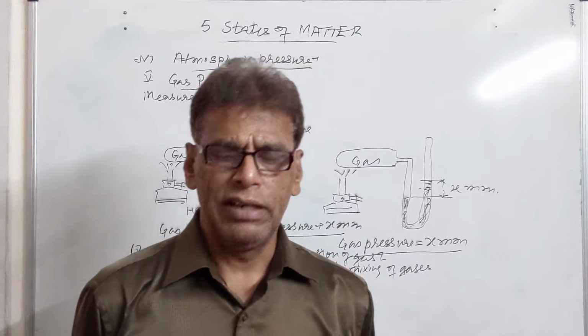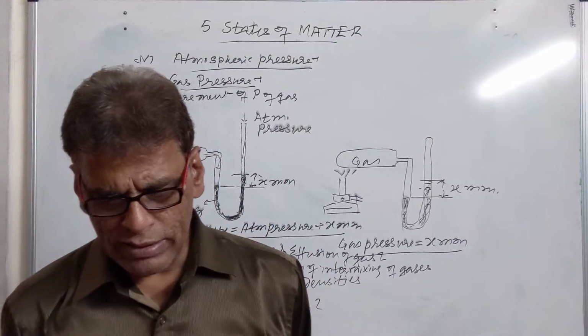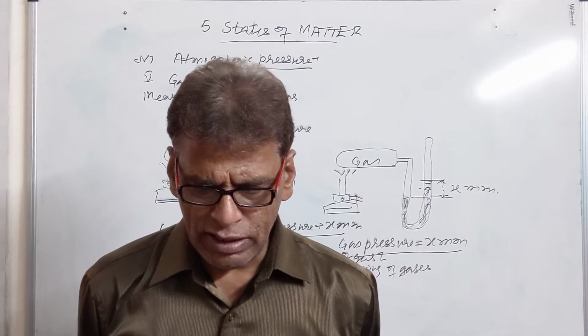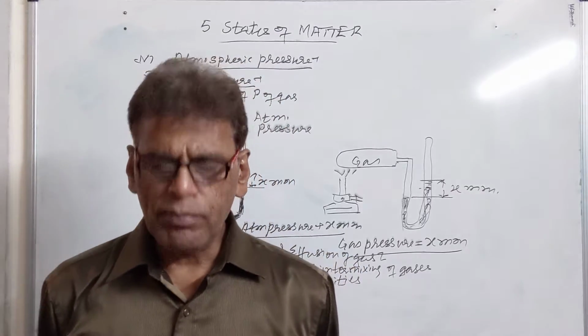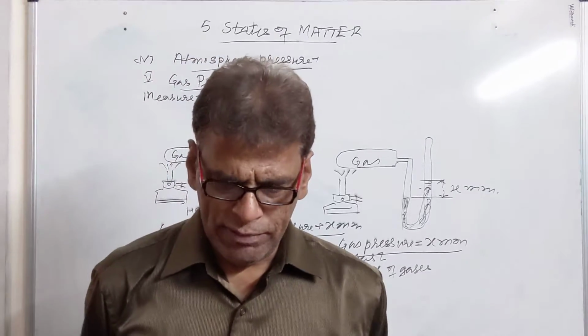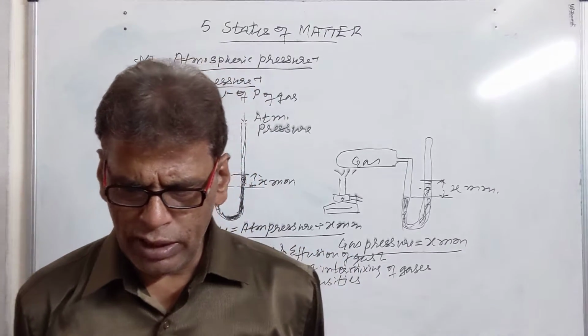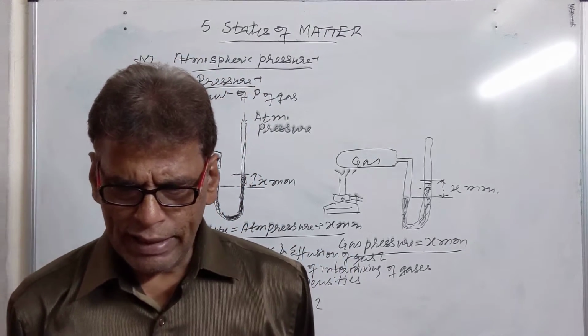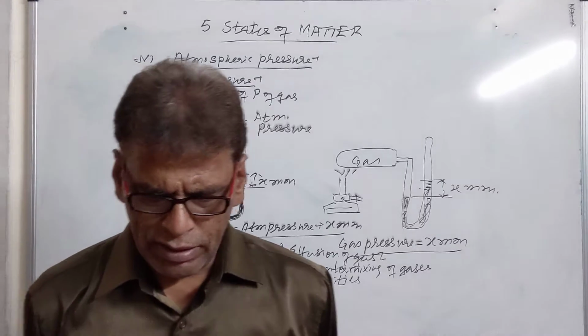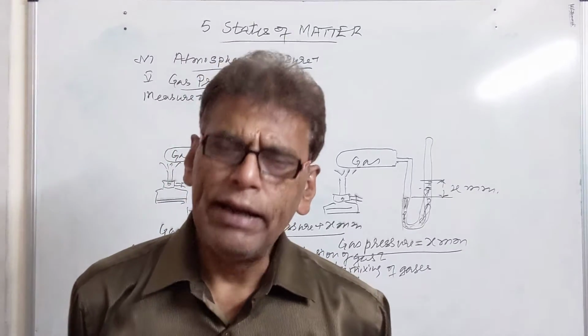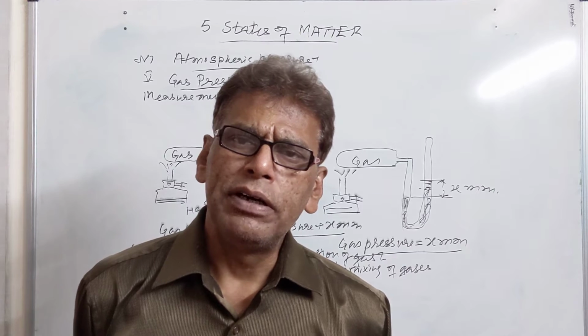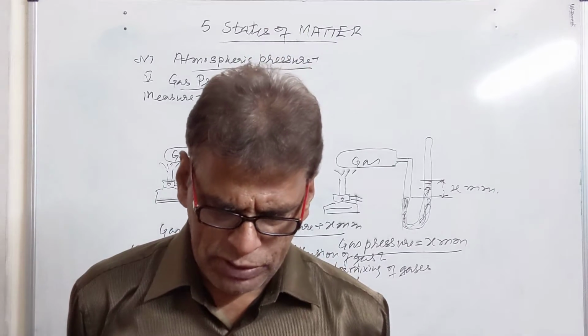That is ideal gas. And real gas is that gas which obeys all the gas laws and ideal gas equation only under low pressure and high temperature, not under high pressure and low temperature.